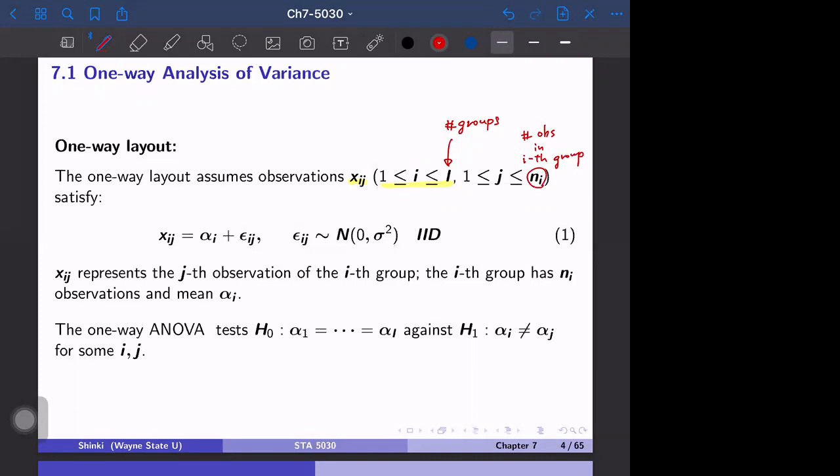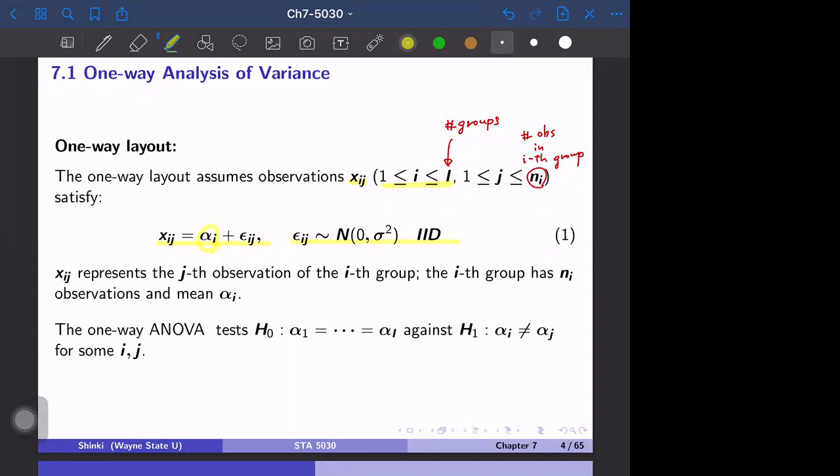Then our model is x_ij equals alpha_i plus epsilon_ij. Here alpha_i is a constant, and epsilon_ij is normal with mean 0 and variance sigma squared, independent and identically distributed. So that means the ith group has its own level, alpha_i, which is the average level for the ith group, but each observation has some randomness.